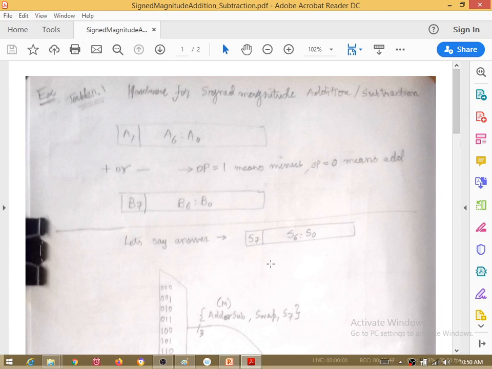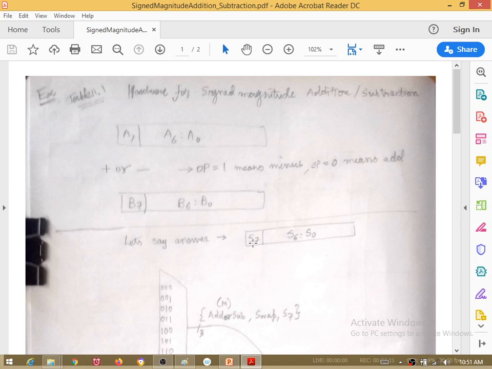Okay. Similarly, let's assume that our final answer is also an 8-bit answer. We are adding two 8-bit numbers or subtracting two 8-bit numbers, and we'll assume the final answer is also 8-bit. Out of those 8 bits, S0 to S6 are the magnitude bits, and S7 is the sign of the final answer.